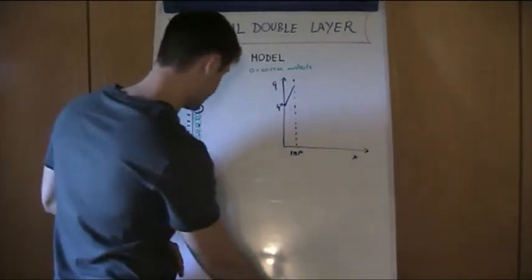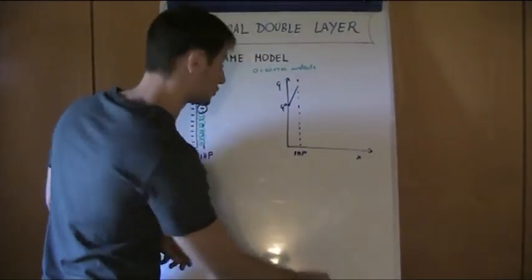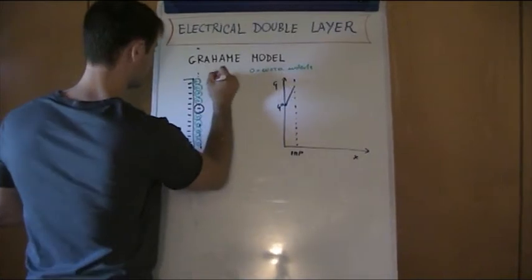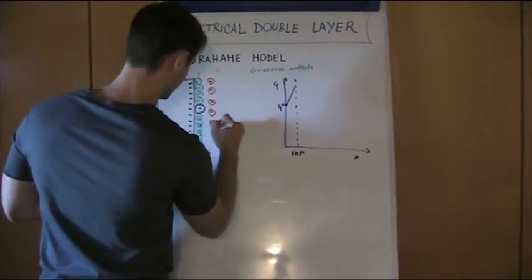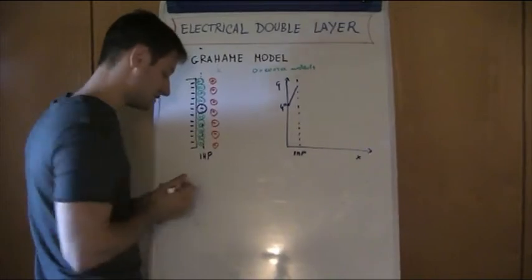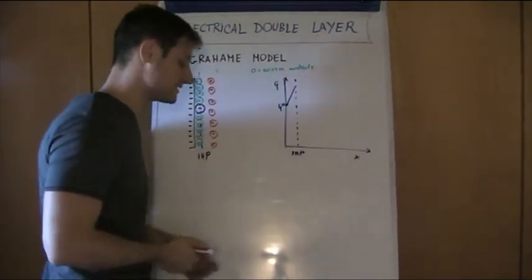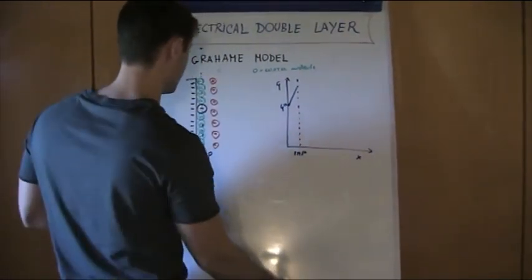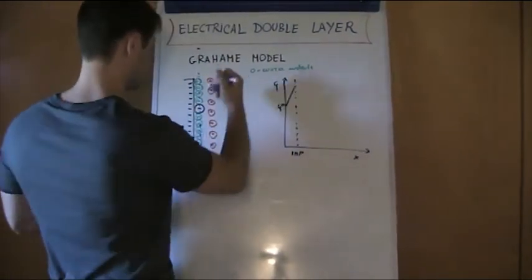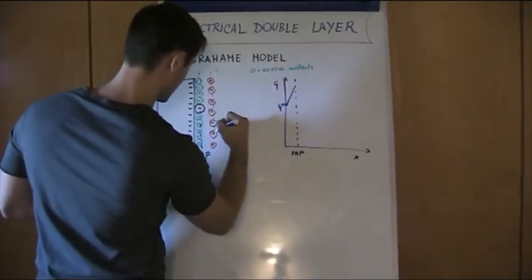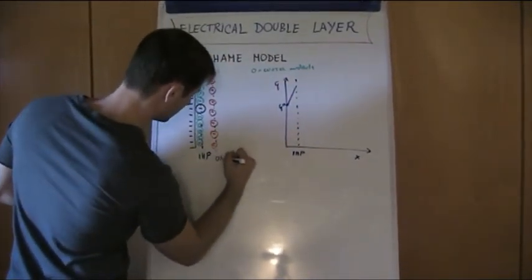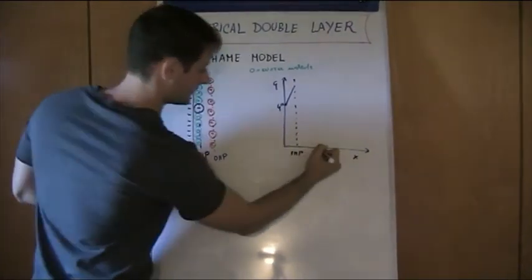So we have the presence of physisorbed cations in a layer that in this case is not anymore known as plane of maximum approach, but basically takes the name of outer Helmholtz plane.